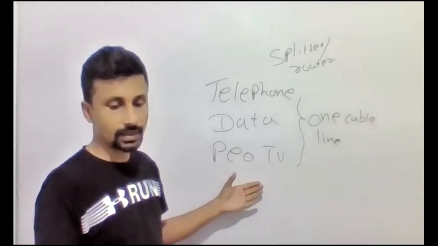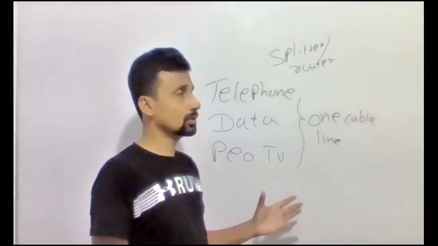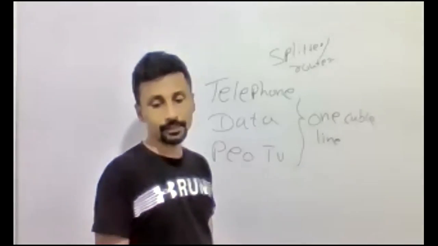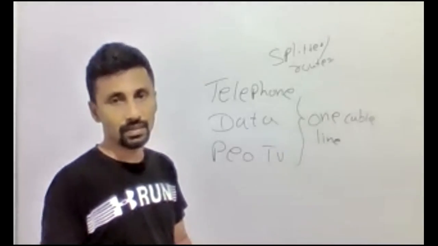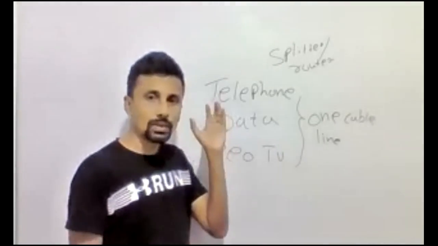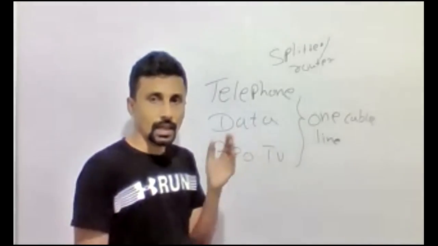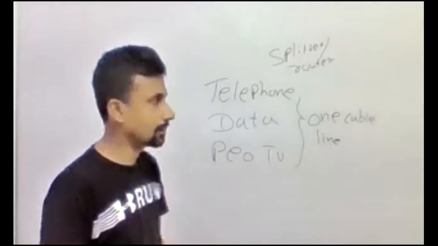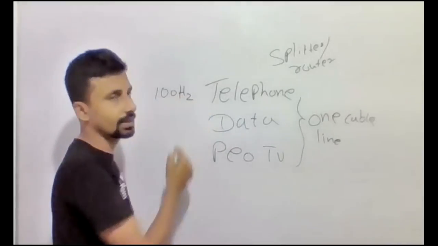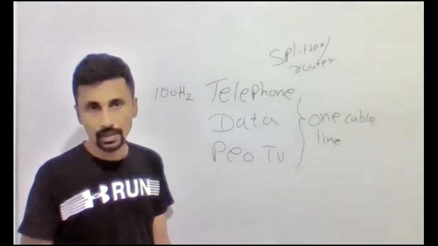Here in the tube, you can see frequency division multiplexing, time division multiplexing, and code division multiplexing are given. That means in one cable, all this data is coming. As an example, if the telephone is coming at 100 hertz, this is coming at 200, and this is coming at 300.